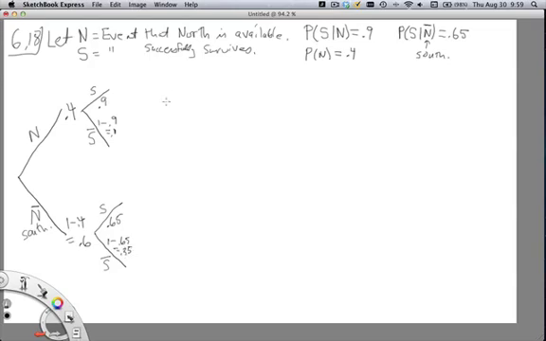All right, so within this mini tree, things add up to 1. Within this mini tree, things add up to 1. Now the end leaf is going to give the joint probability. One rule with trees is you just multiply across. So this is going to be 0.4 times 0.6 equals 0.36.